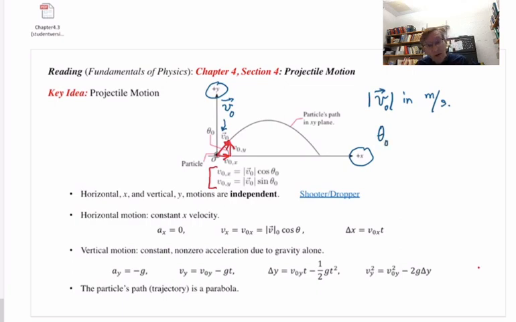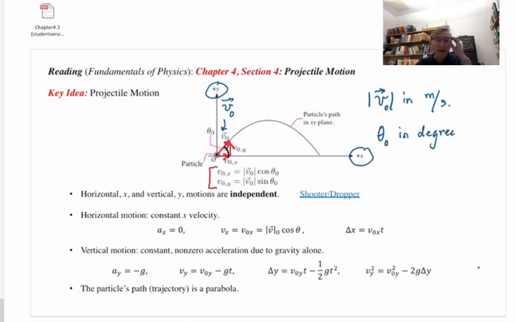That's just the angle that the initial velocity vector makes with the plus x axis. And again, down in our picture, though there's a lot going on, that angle is right there. That is the angle that the v initial vector makes with plus x. So that would be given to you, usually in degrees.